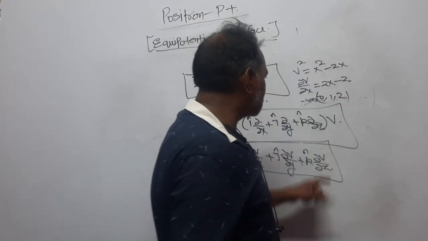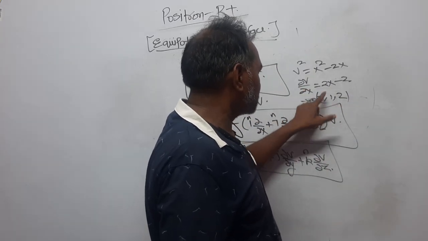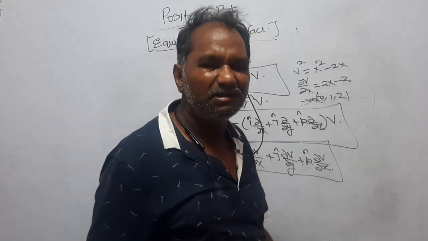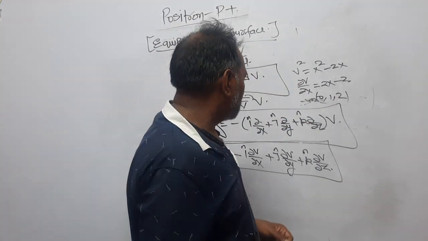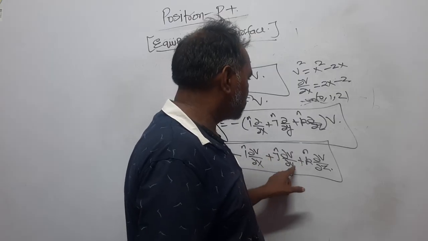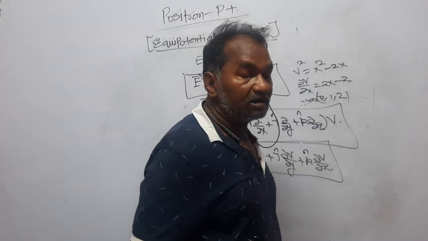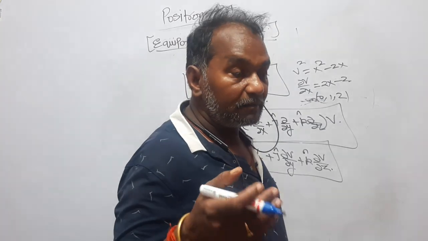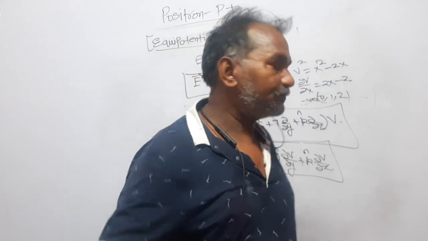Then you can replace the value of x in del V over del x, and similarly you will find del V upon del y and del V upon del z. Ultimately, you will replace the values of x, y, z, the point at which you have to find out the field.